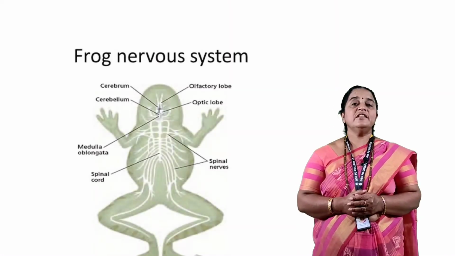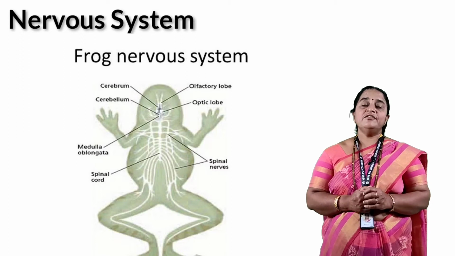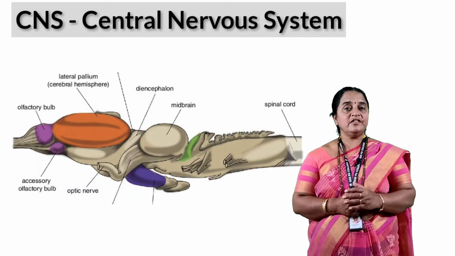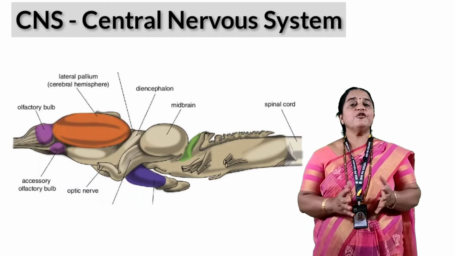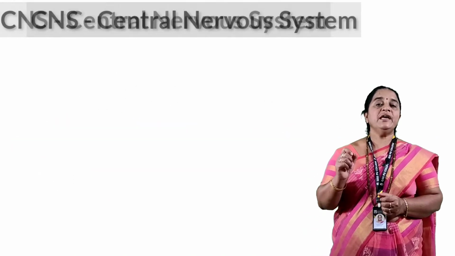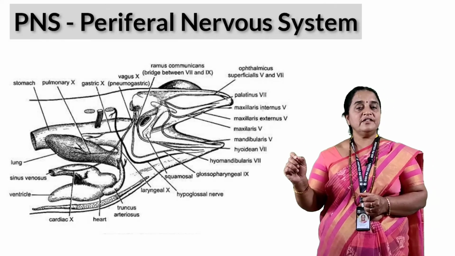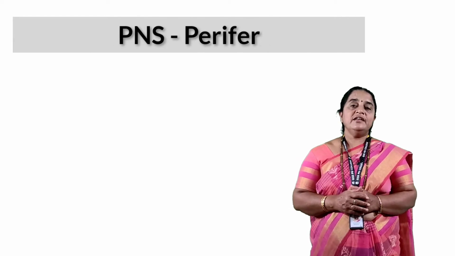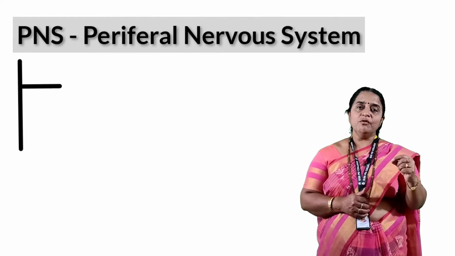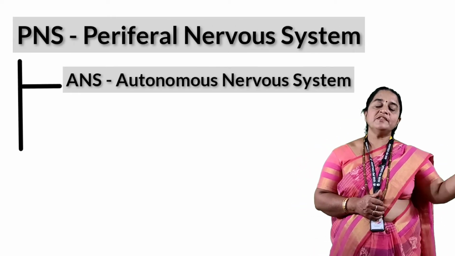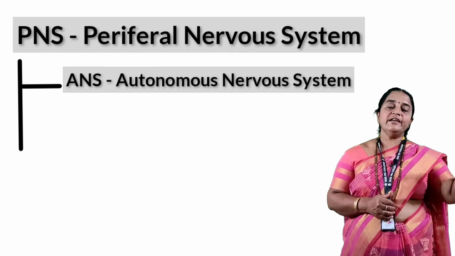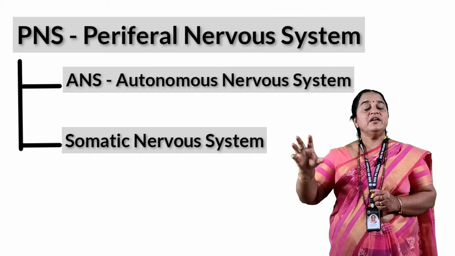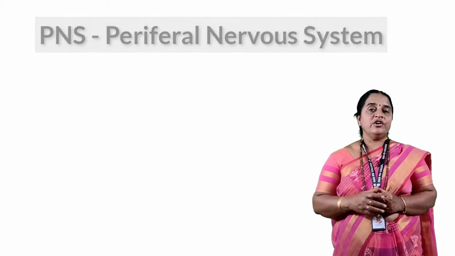Next system is nervous system. Nervous system comprises CNS, central nervous system, and the nerves arising from CNS comprise PNS, peripheral nervous system. It forms a network of the nerves. In PNS, there are two groups. One is ANS, autonomic nervous system, regulating involuntary organs, and the other is somatic nervous system, regulating voluntary organs.